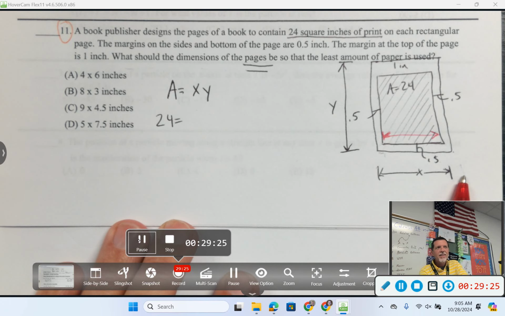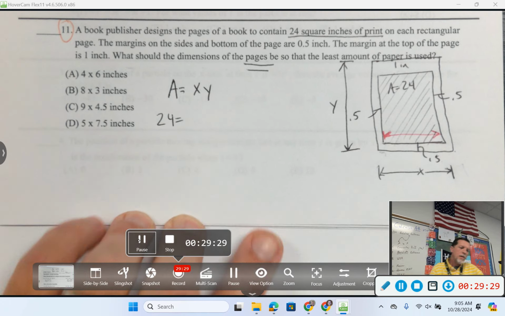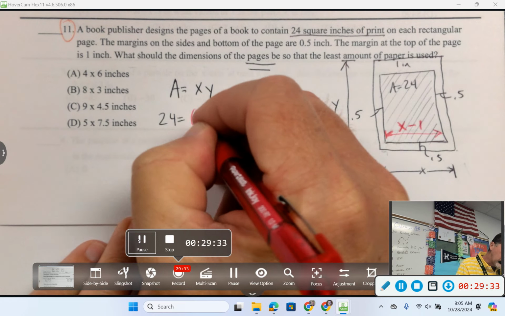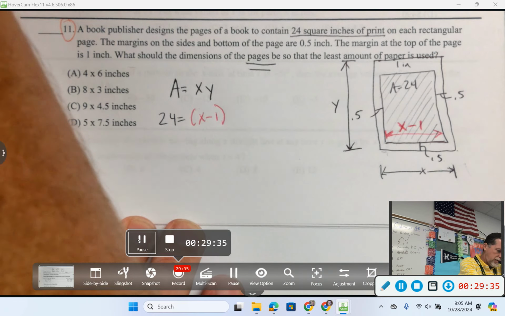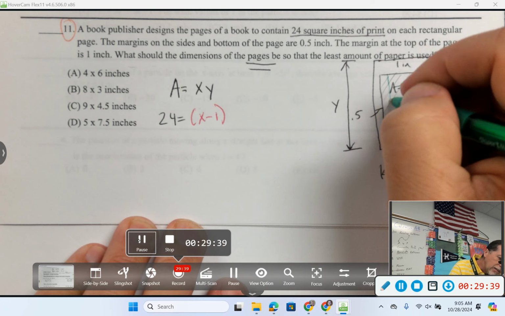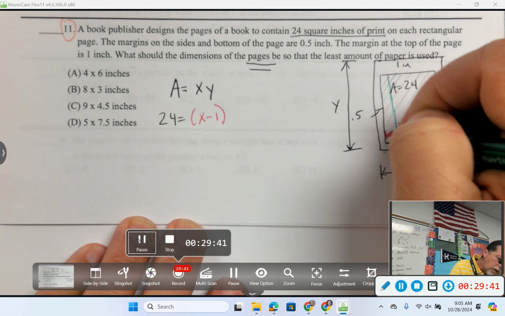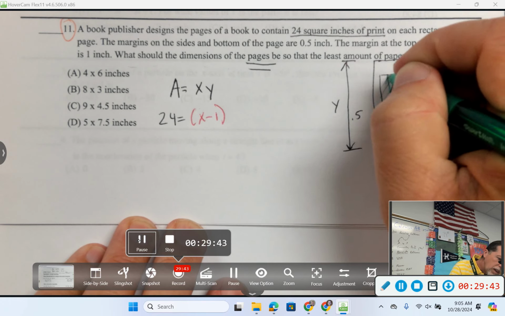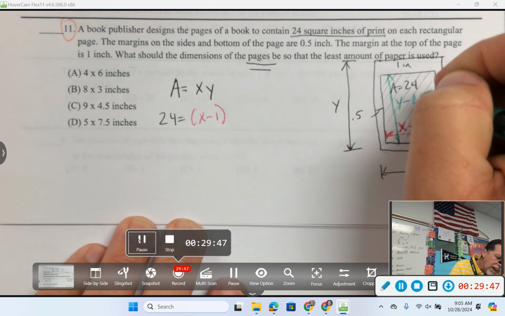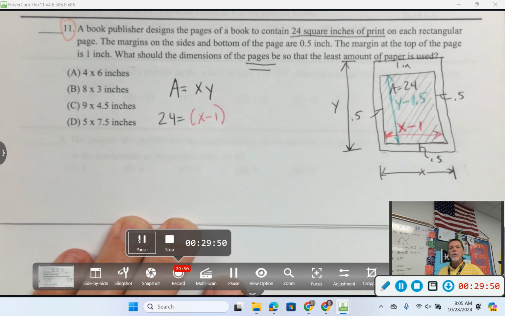X minus 1, minus a half from one side, minus a half from the other side. And what about the height of the printed part? Y minus 1.5. Yeah, because it's half inch on the bottom, but I have 1 inch on the top.